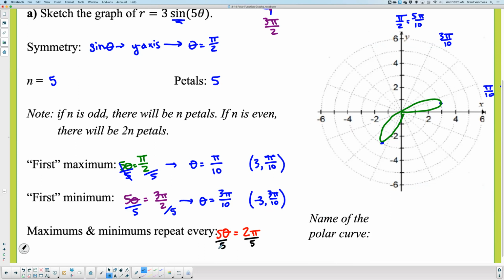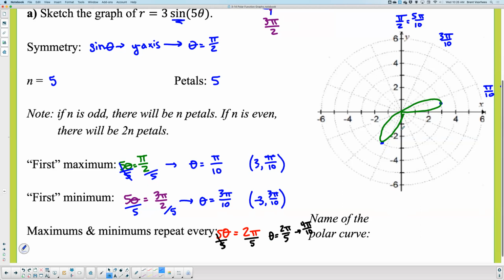They're going to repeat every 2 pi over 5, or 4 pi over 10. So if my first maximum was at pi over 10, if I added 4 pi over 10, what is 1 pi over 10 plus 4 pi over 10? 5 pi over 10, which is right here.